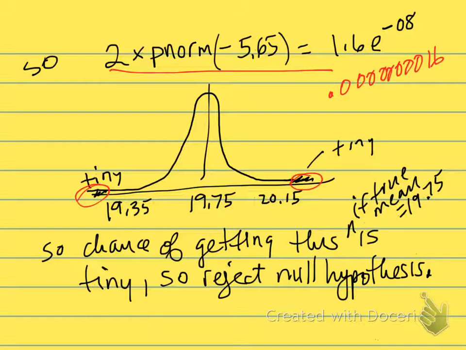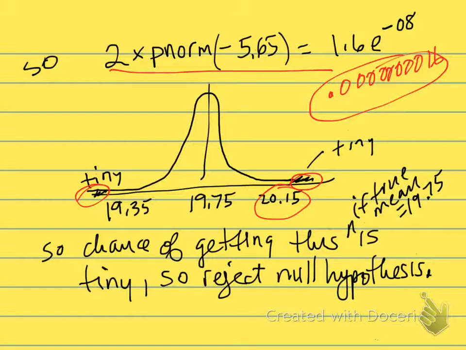So the true mean is 19.75. The probability that we get a sample of 200 people having a mean of 20.15 is extremely unlikely.